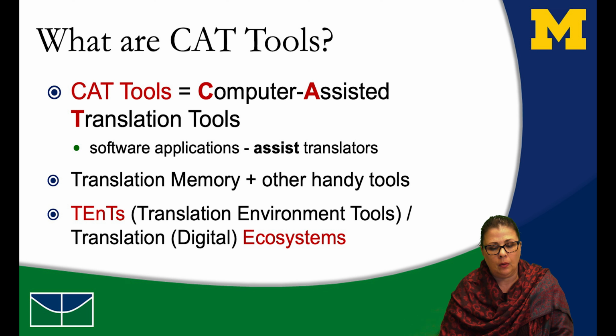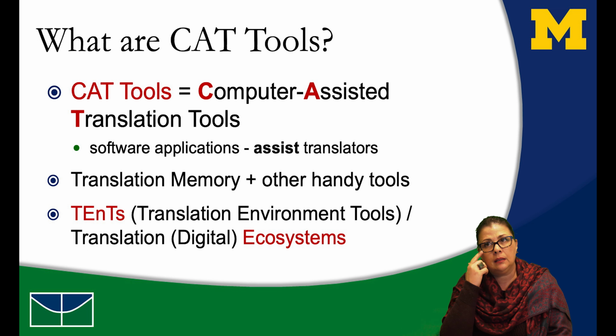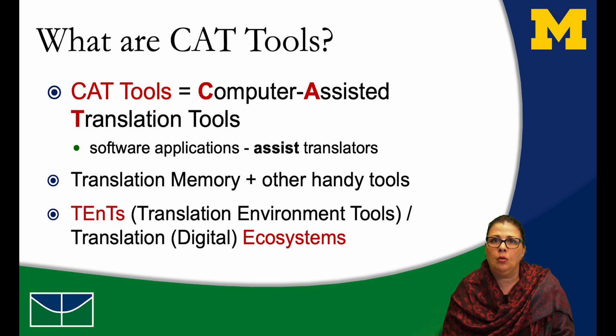So their objective is to assist translators to do their job. And some people associate CAT tools with translation memory, which is very natural because it's their main feature. And we are going to talk about what is a translation memory in other videos and in the next slides.